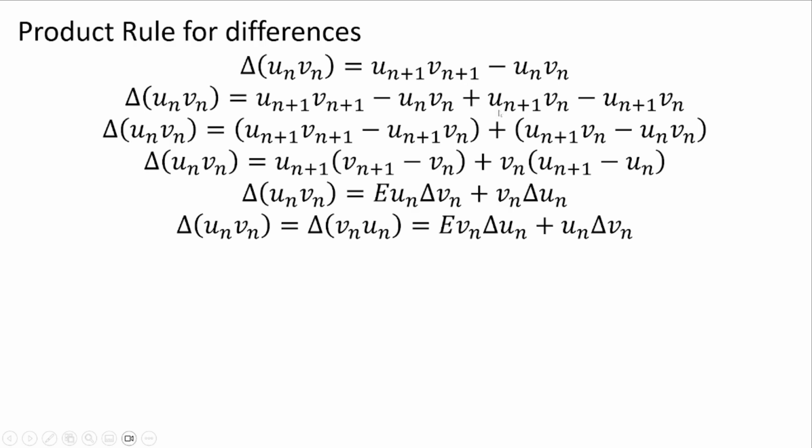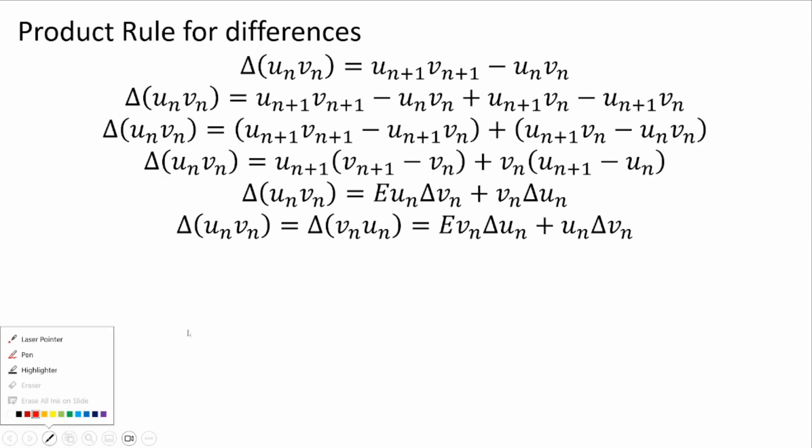We can add u_(n+1) v_n and subtract u_(n+1) v_n. We haven't done anything; we have added one term and subtracted it. Now we can change the position of the terms a little bit.